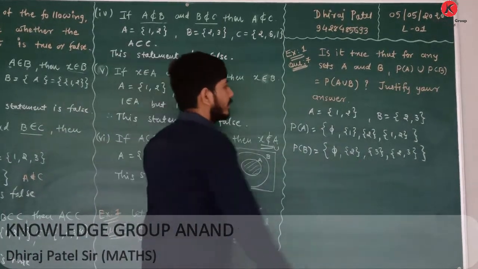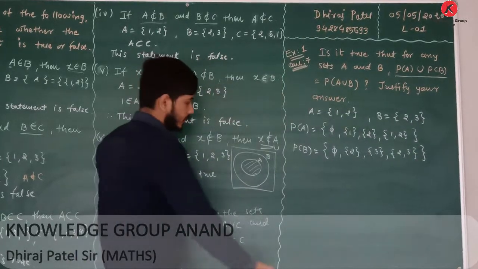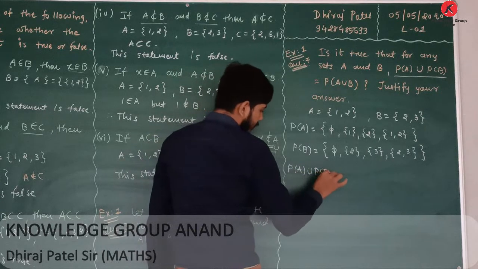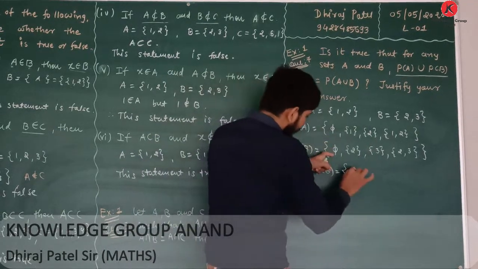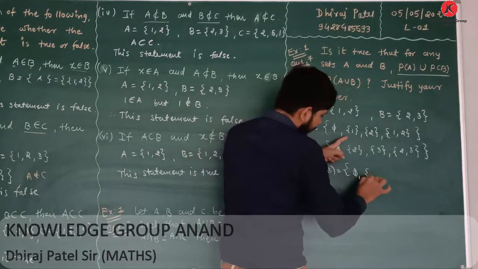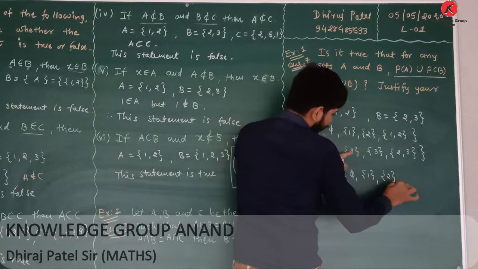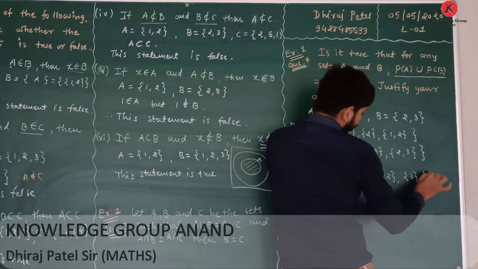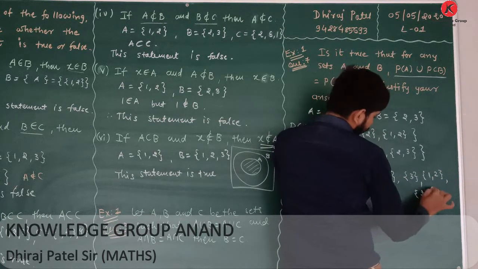Now find out power set of A union power set of B. Therefore we are getting phi, {1}, {2}. {2} appears twice but there is no need to write it twice, write it only once. Next {3}, next {1, 2} and next {2, 3}.